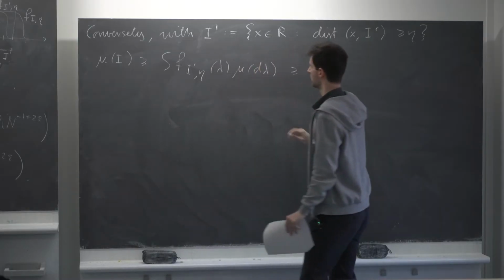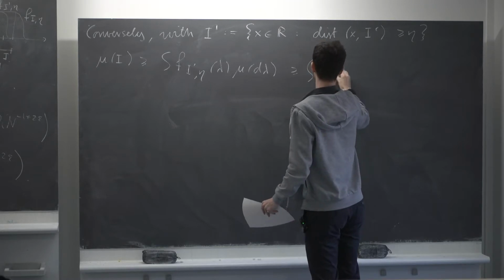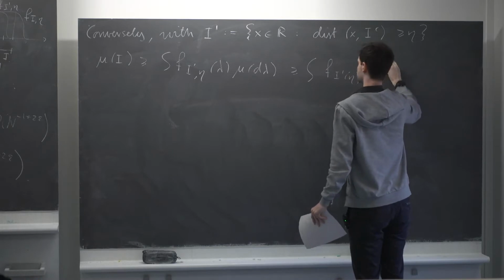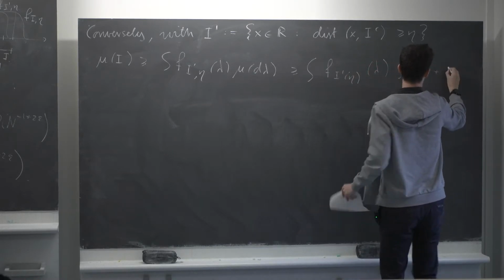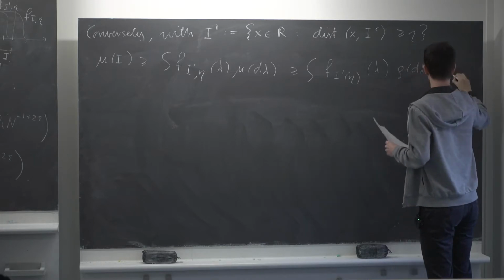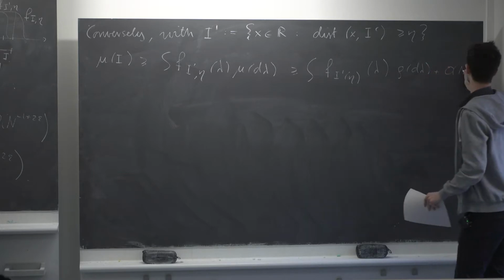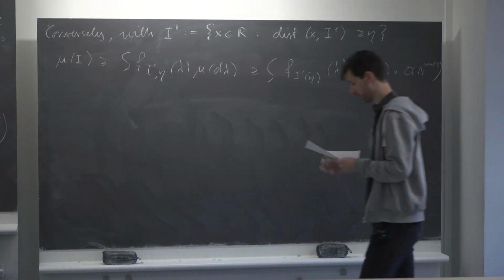And now I use our previous result, which allows me to approximate it with the integral over rho exactly in the same way.